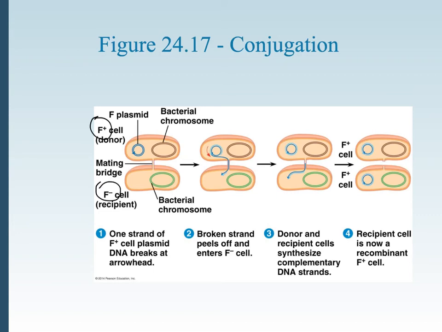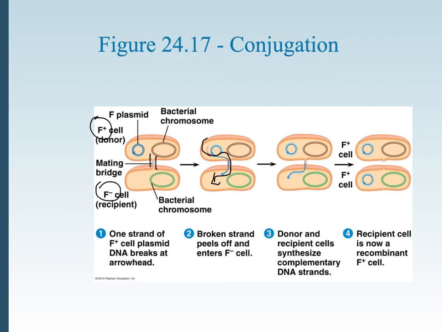The F stands for fertility, and the plus cells are ones that can produce what's called a mating bridge. And when that mating bridge is formed, that's when our plasmid can then go from one bacteria to the other, one prokaryote to the other. Again, horizontal gene transfer, okay?